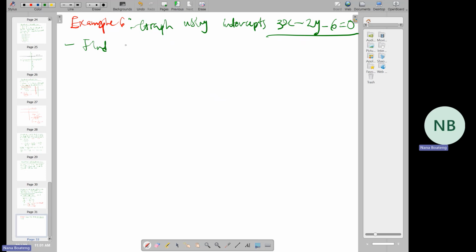So that will mean x is equal to 2. So the x-intercept is 2. So that means we have the pair of points x is 2, and y is 0.